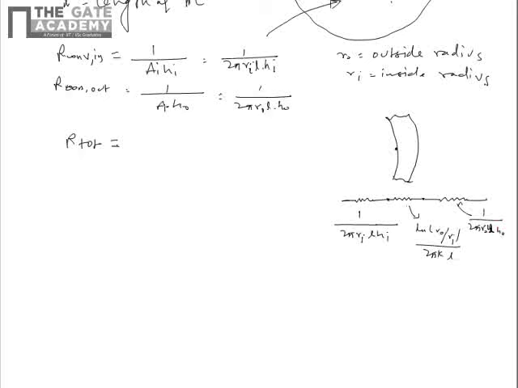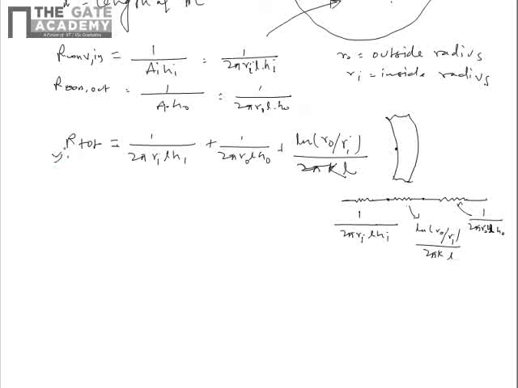So R total is equal to 1 by 2 pi Ri L Hi plus 1 by 2 pi R naught L H naught plus ln of R naught upon Ri upon 2 pi K L, because all these resistances are in series.